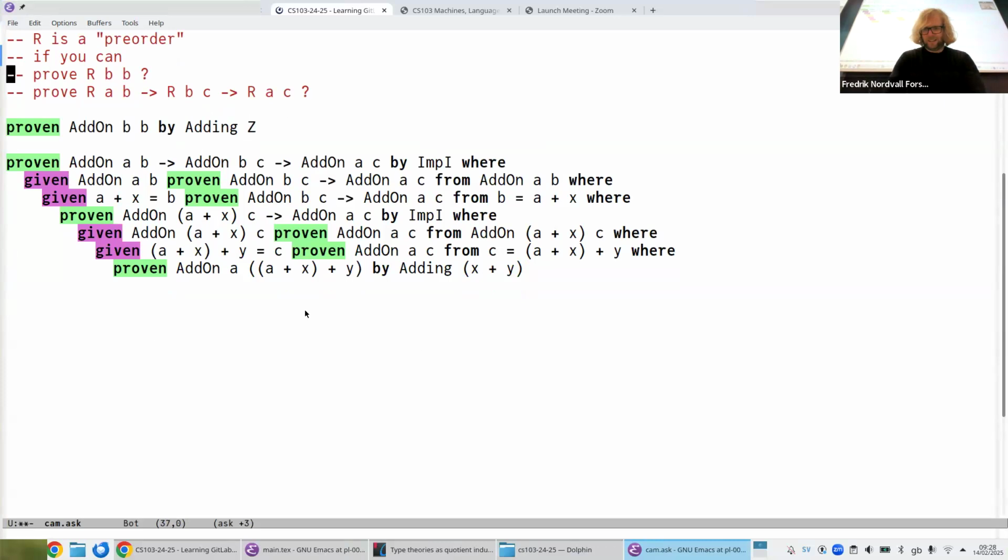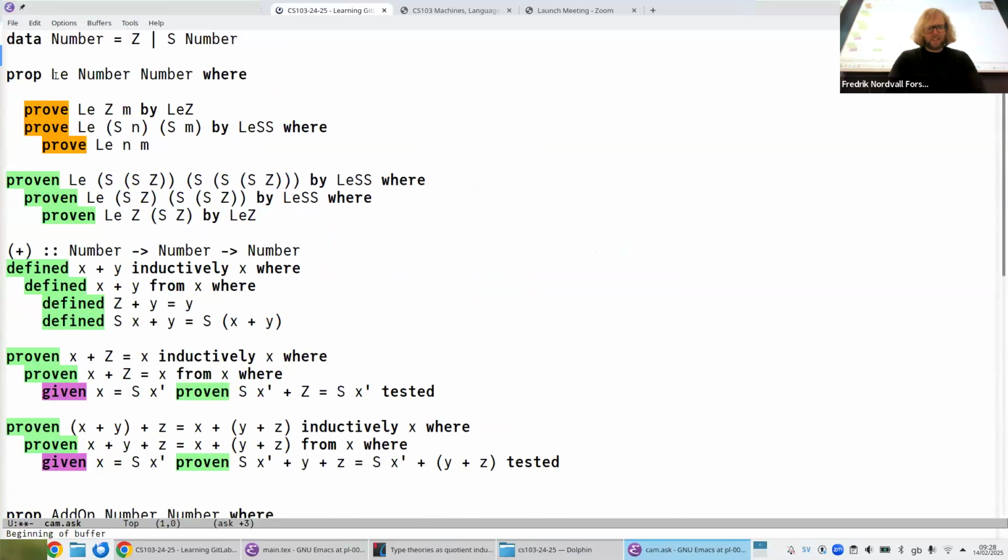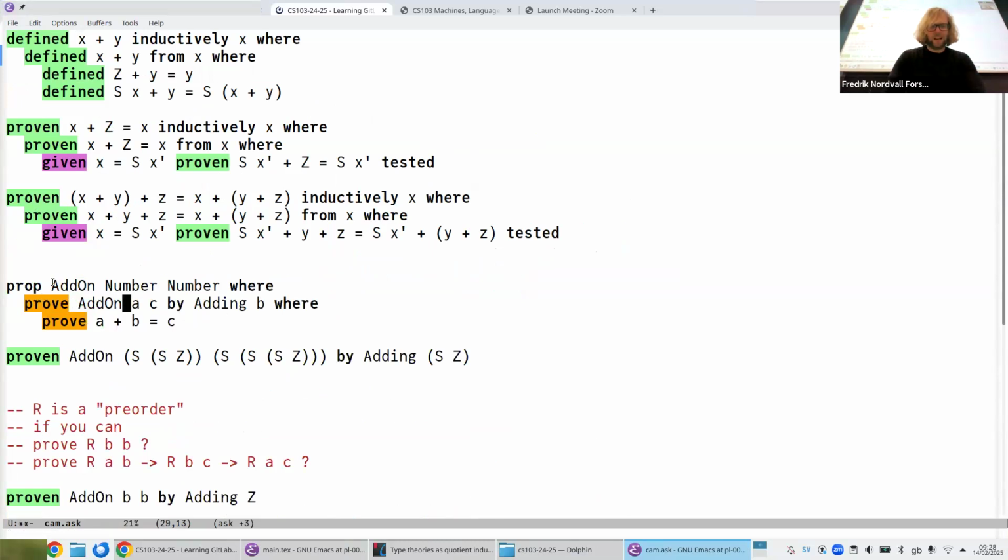And I think, Connor, what you want me to do now is to think a little bit about add-on versus less than. Is that right? Yeah. So at the very beginning here, Connor reminded us of how we define the less than relation, right? And then we define this new relation, add-on, but it's maybe worth thinking about how these are related, if they are, right?